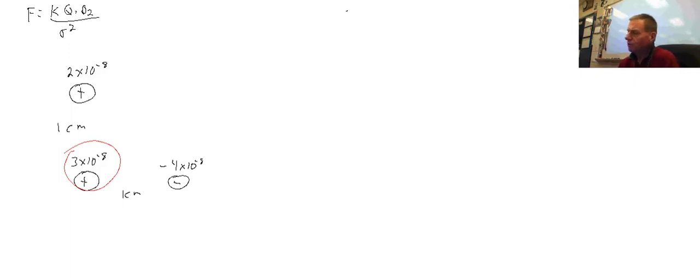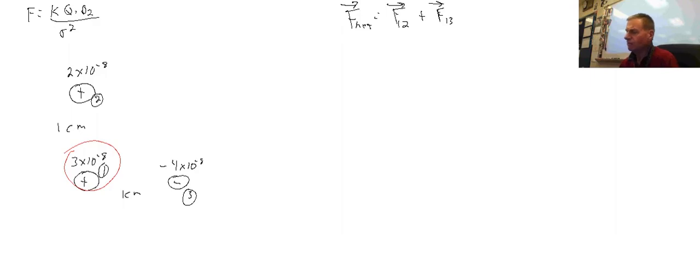Well, the net force is going to be the vector sum of the forces on the first charge, and I'm going to call this charge 1, this will be charge 2, and this will be charge 3. It's going to be the vector sum of the force on 1 due to 2 plus the force on 1 due to 3, right? And it's going to be vectors.